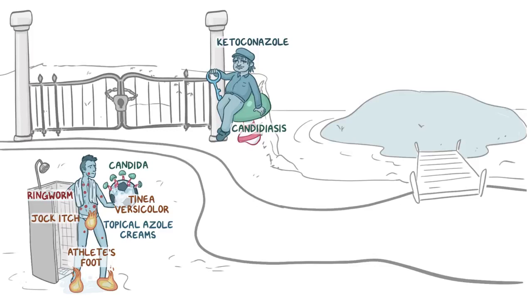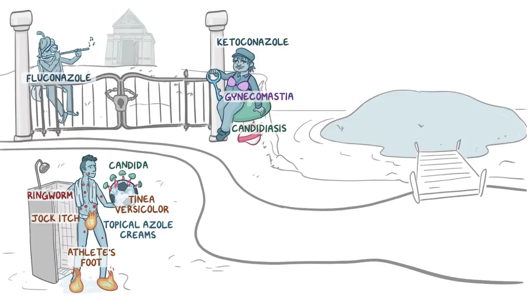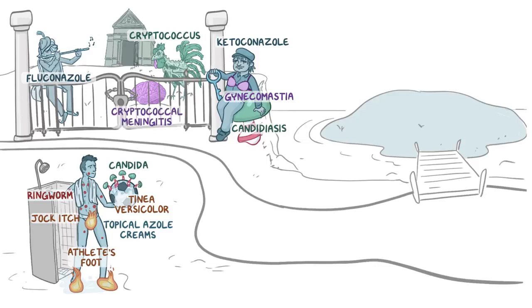Out of all of the azoles, ketoconazole has the most anti-androgenic side effects, like gynecomastia, so let's put a large bra on the gatekeeper. Behind the gate is a man playing a magic flute for fluconazole. The problem is that his flute playing has raised an undead rooster, or cock, from the nearby crypt for cryptococcus. The rooster is hungrily pecking at a brain, since it causes cryptococcal meningitis.